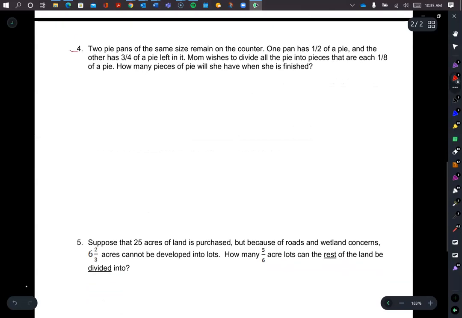Number 4, you can also try it on your own. We have 2 pie pans of the same size remaining on the counter. One has half a pie, the other has 3/4 of a pie. Mom wants to divide all the pie pieces into 1/8 slices of the original size pie.